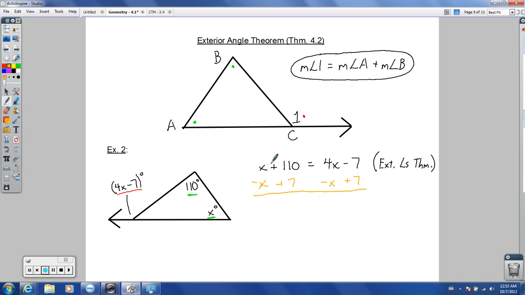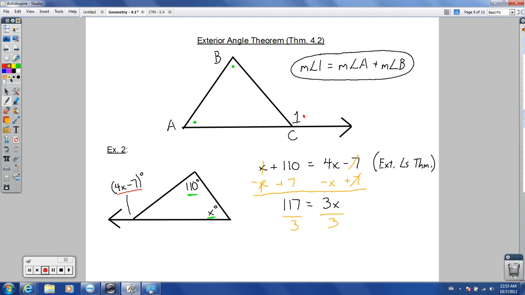I'm going to move all the x's over to the right side and the regular numbers over to the left side. This cancels out here and here, and this cancels out here and here. I'm left with 117 equals 3x, and then divide by 3 to finish it up.